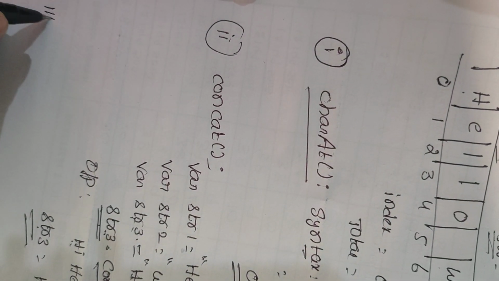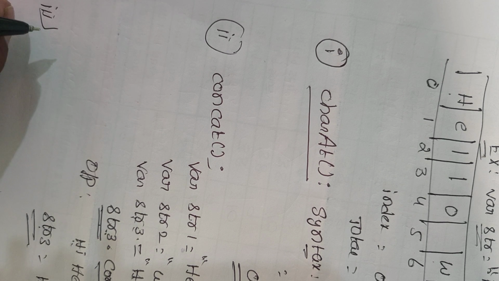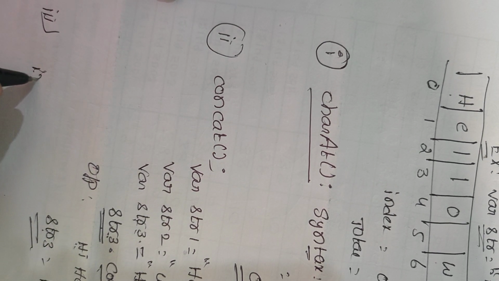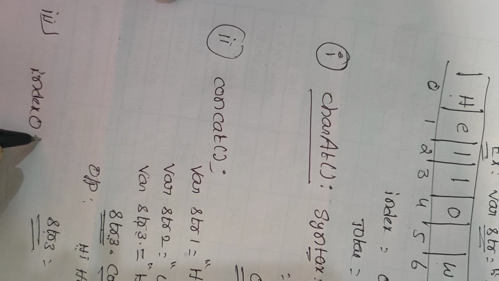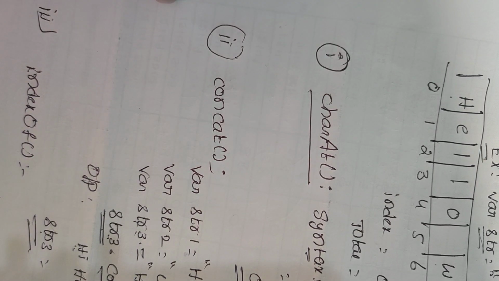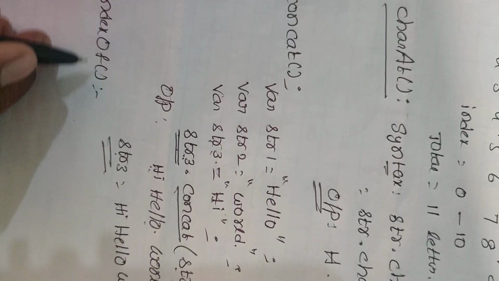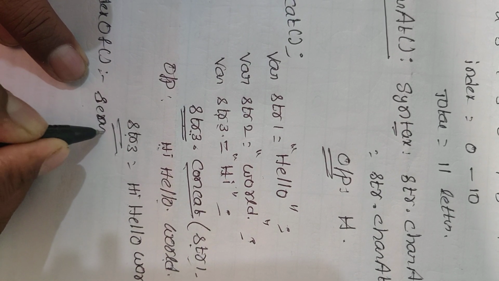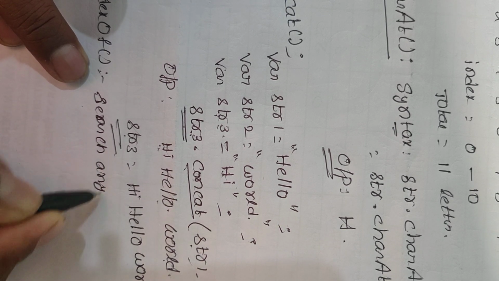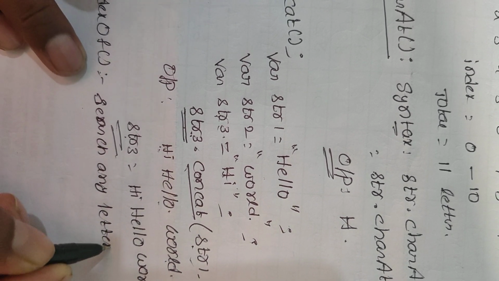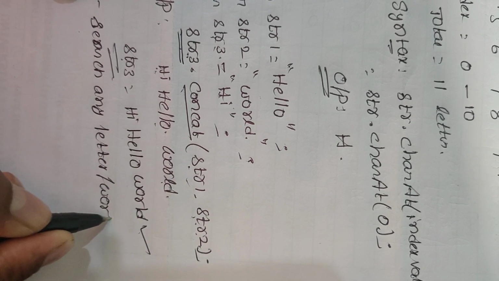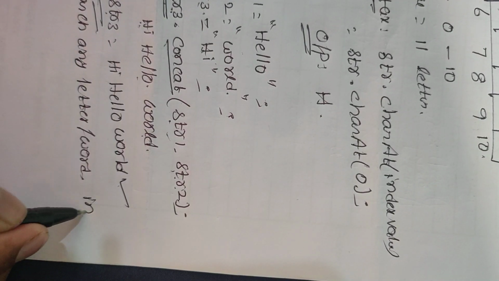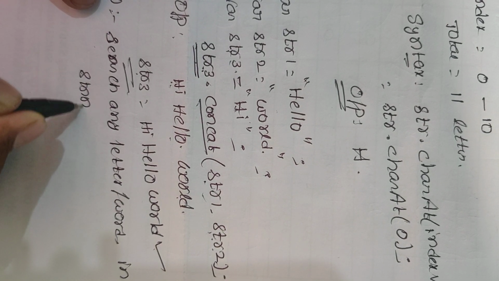Then the third function is indexOf. The purpose of this function is that if you want to search for any letter or word in a string object, it will search.